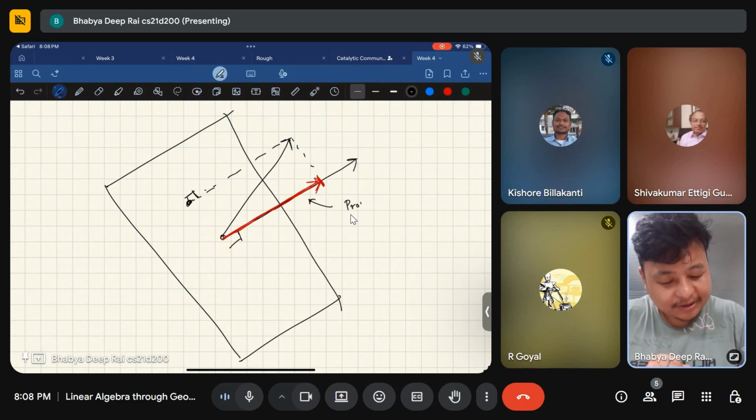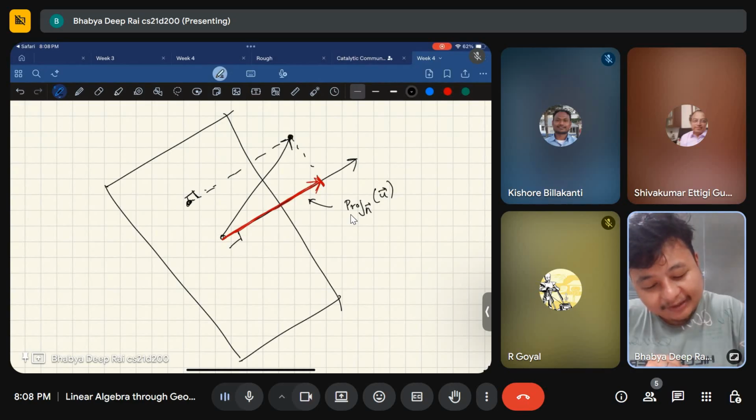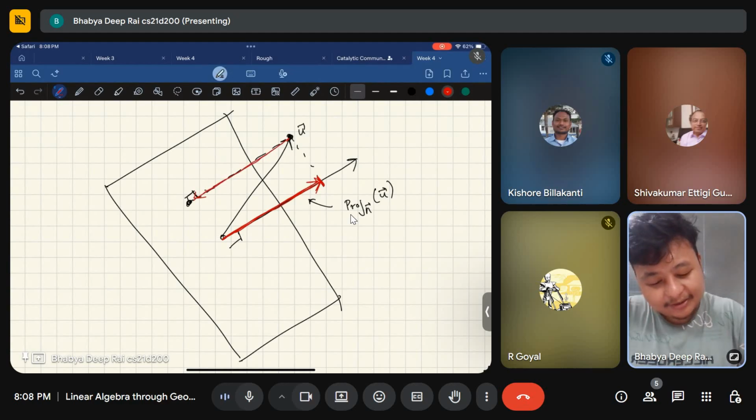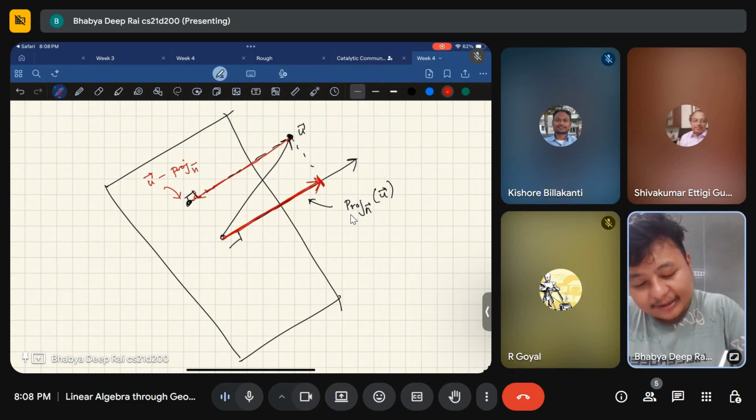This is the projection of u on n, and all you need to do is, starting from u, go the same amount of distance that the projection tells you in the opposite direction. So you need to do minus projection. So all you need to do is this guy is u minus the projection of u on n.